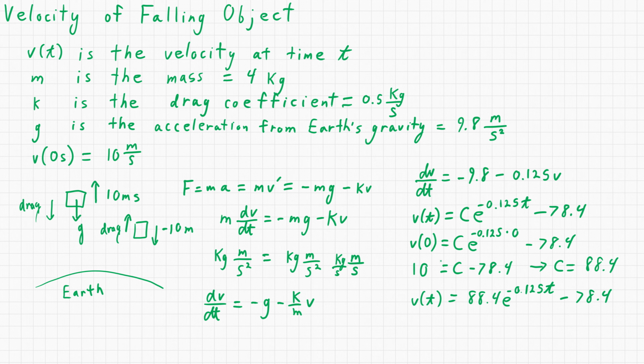You solve that in general, and you get this constant of integration, which you'll figure out later on. Then you have to pick that constant so it satisfies the initial condition you're given, so that you can predict, if this object was going 10 meters per second upward, what it's going to be doing in 1 second and 2 seconds and 3 seconds. Eventually it'll turn around and start falling, and you'll be able to predict the velocity at any time.